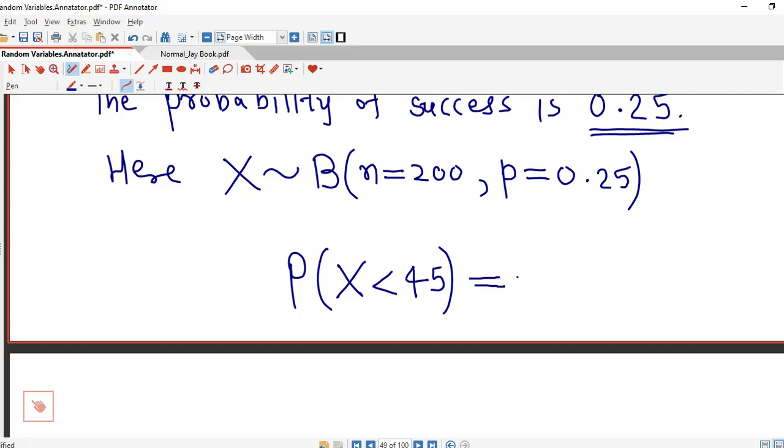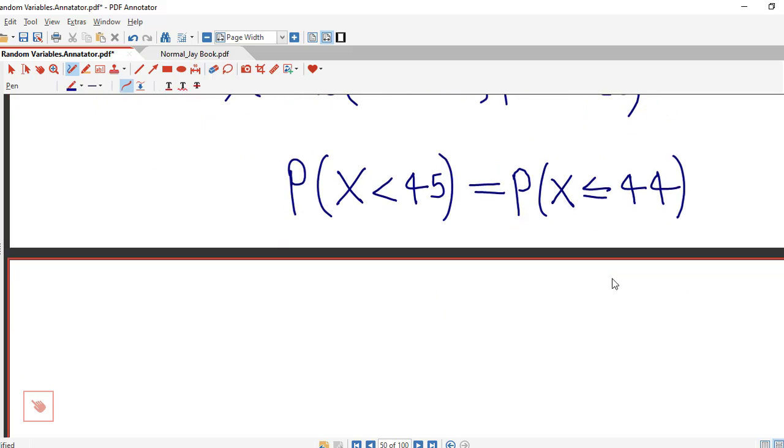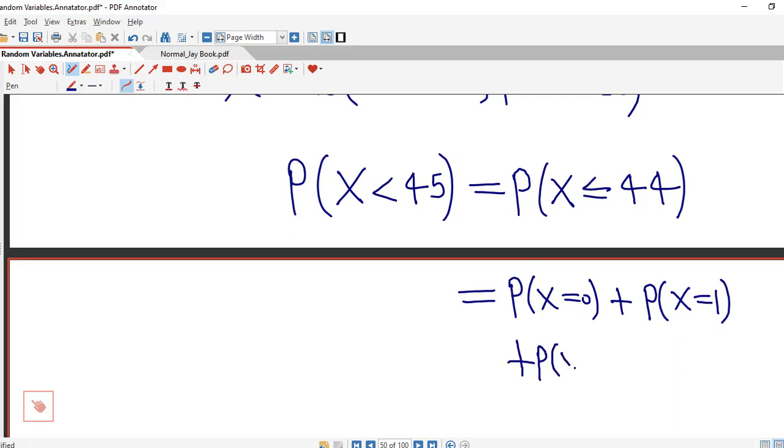Since X is a discrete random variable, this is equivalent to the probability that X is less than or equal to 44. Now if we use binomial probability distribution, then we have to add up probabilities starting from x equal to 0, x equal to 1, x equal to 2 and so on up to x equal to 44.